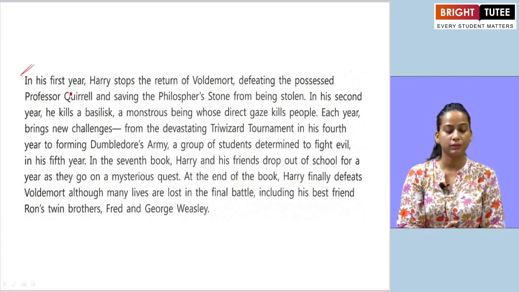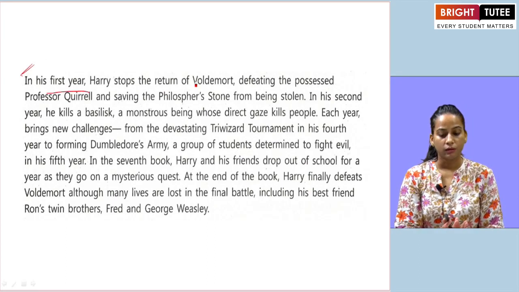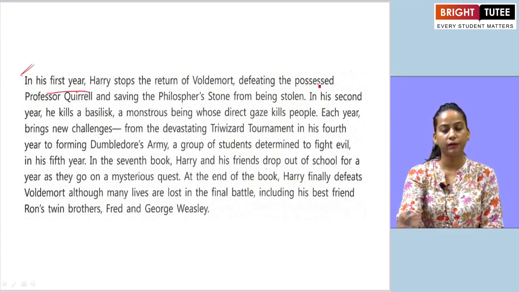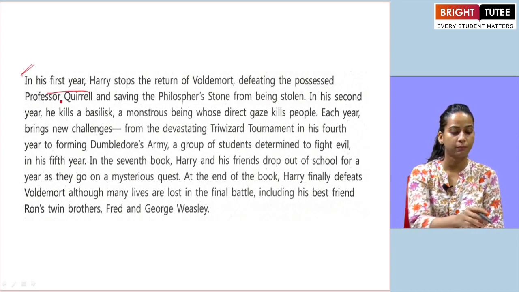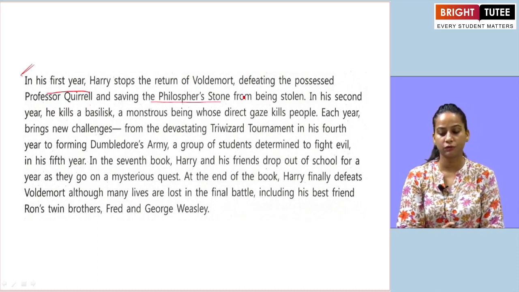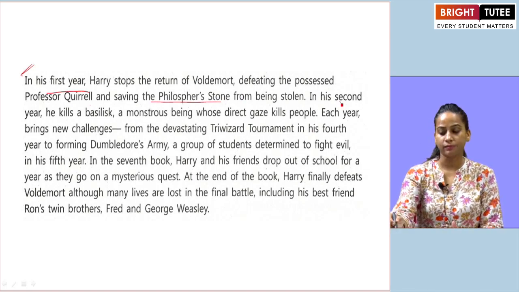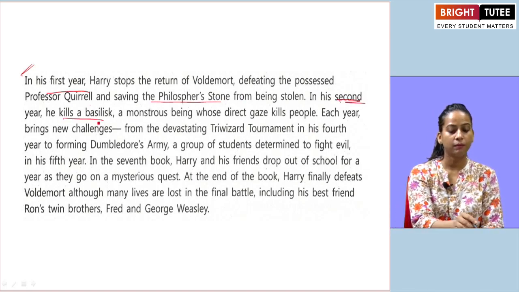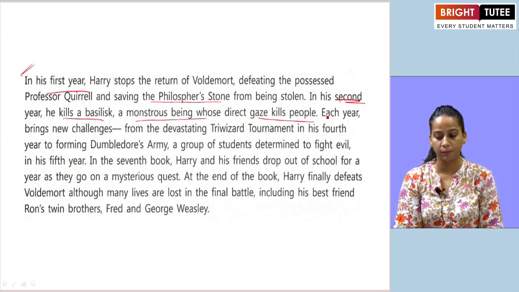In his first year, Harry stops the return of Voldemort, defeating the possessed Professor Quirrell and saving the Philosopher's Stone from being stolen. In his second year, he kills a basilisk, a monstrous being whose direct gaze kills people.